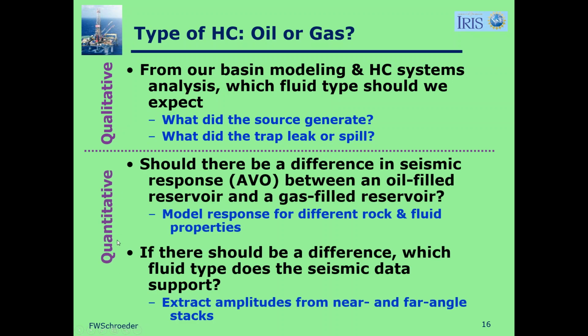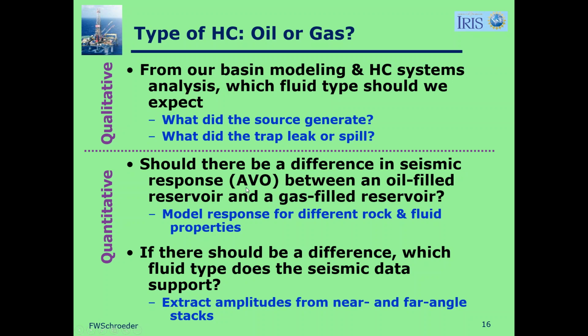Then we can do a quantitative analysis where, instead of being somewhat fuzzy on the numbers, we try to be more careful with our numbers. There may be something in the seismic response that is an indication that we do have hydrocarbons. We call those direct hydrocarbon indicators, DHIs. In the overall category of DHIs, there is amplitude versus offset, which is AVO.